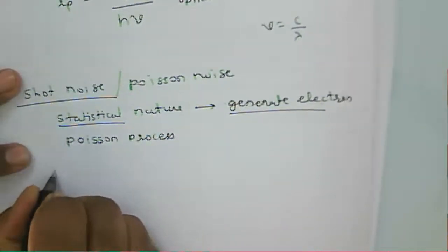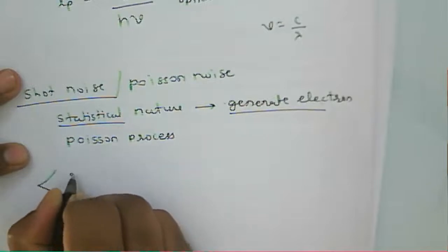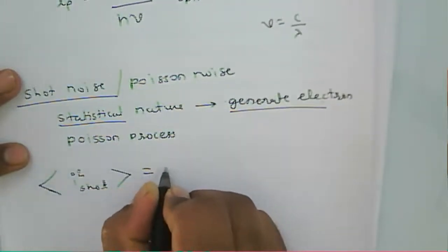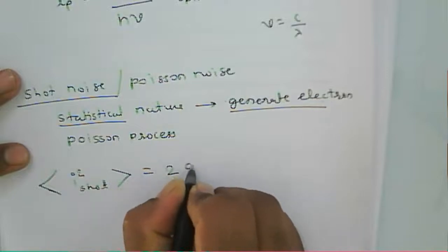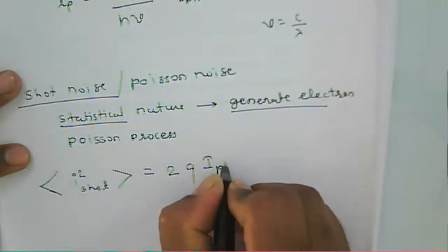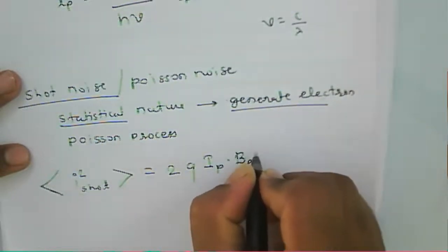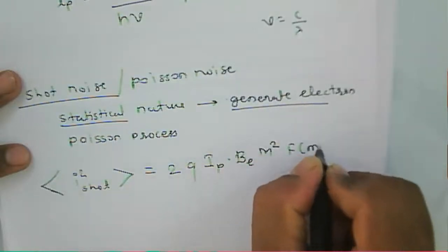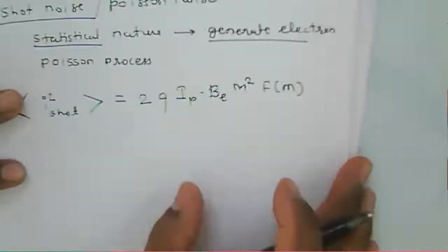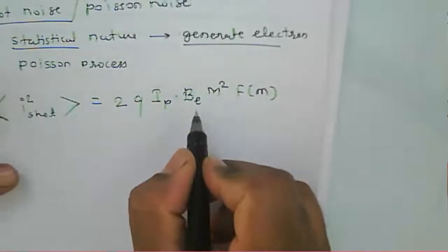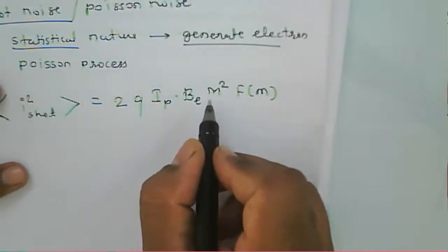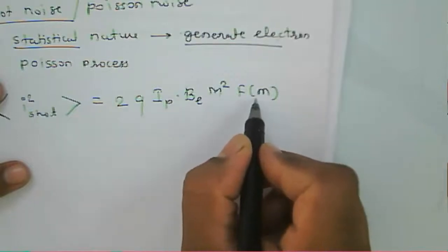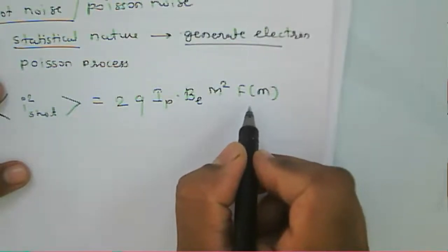So we can write I square shot is equal to 2 q Ip, optical bandwidth B, M square, and F of M. M is the multiplication factor for the avalanche photodiode, and F of M is the noise figure.